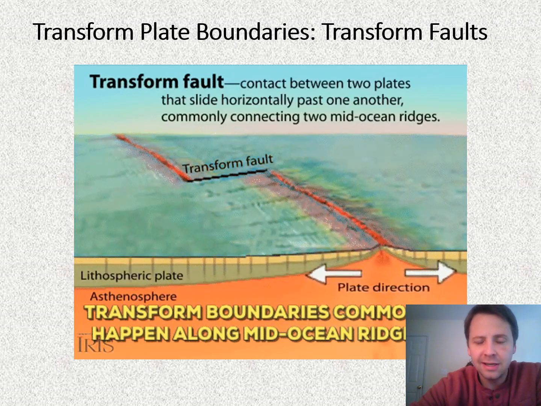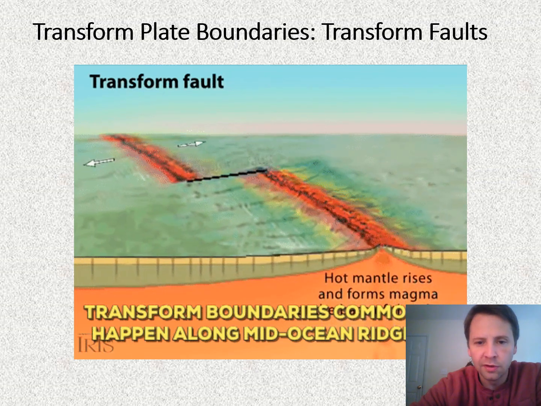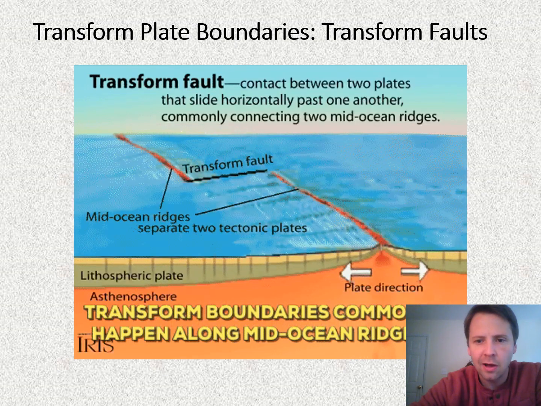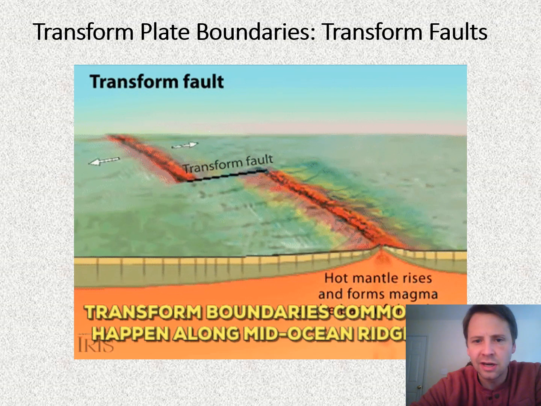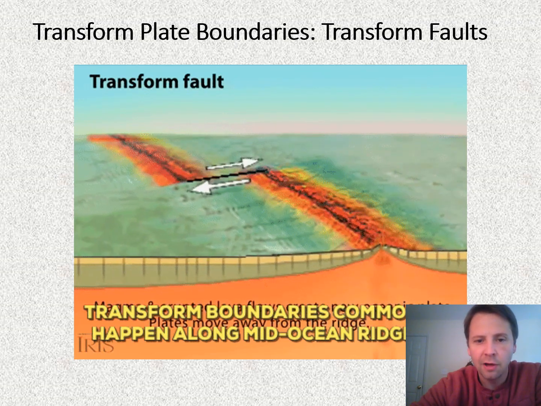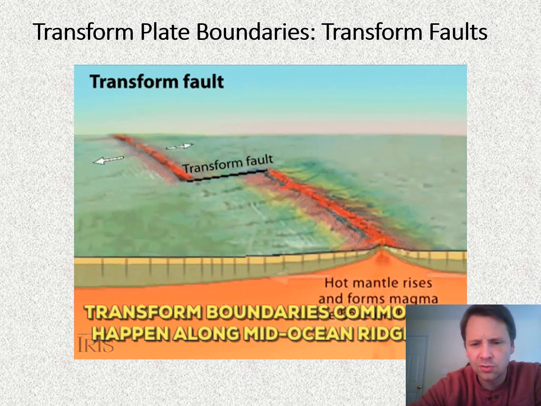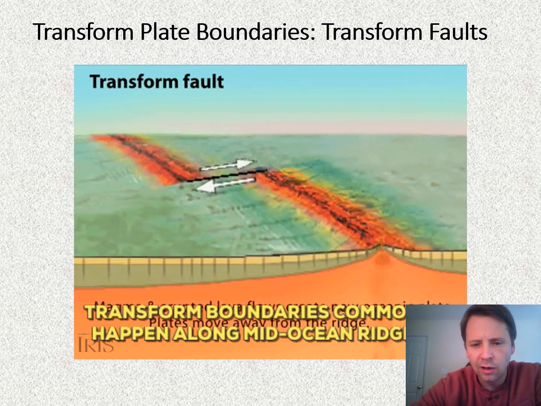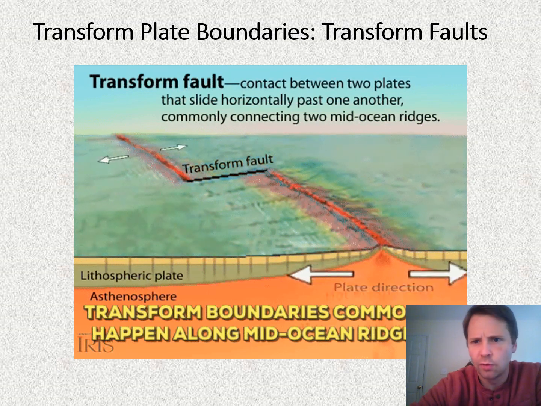If we continue the motion and move this top piece all the way out, everything's moving in the same general direction. The same thing right about here and out. So the frictional forces are here, and that's where a lot of your shallow earthquakes, at least, are going to occur. So, transform faults.